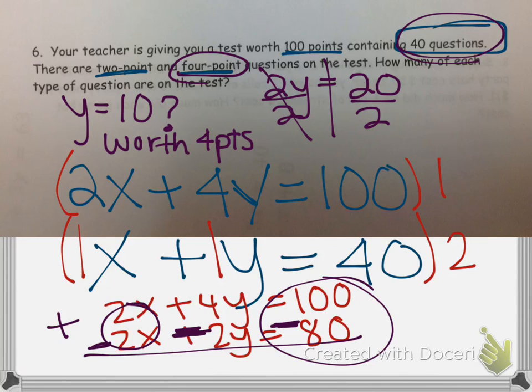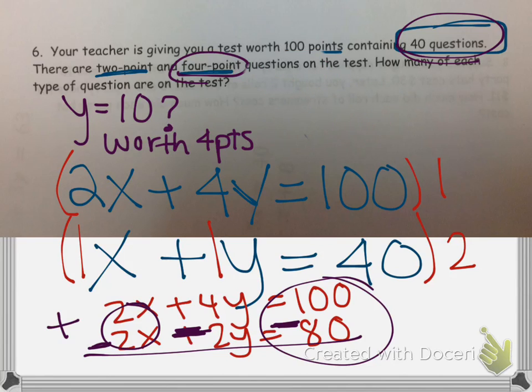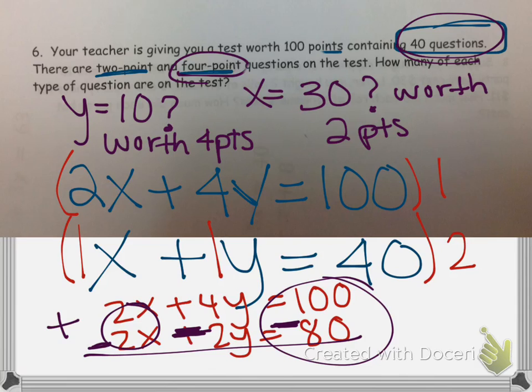Well, we know there's 40 questions total, so there has to be 30 questions worth 2 points. So that would be our x if we are using the variables.